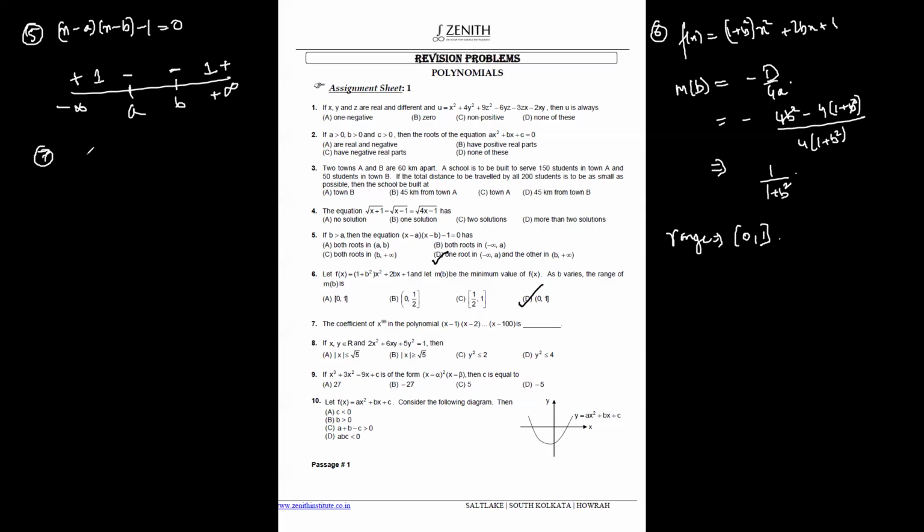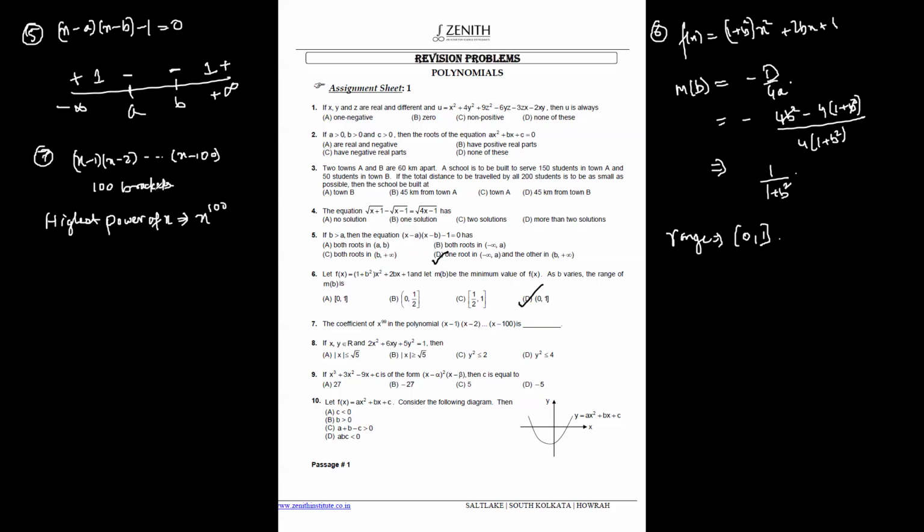The coefficient of this. Okay. So if you notice, (x minus 1)(x minus 2) going up till (x minus 100) would be like 100 brackets. So if you multiply all the x, the highest power of x that would be created would be x to the power 100 because there are 100 brackets.